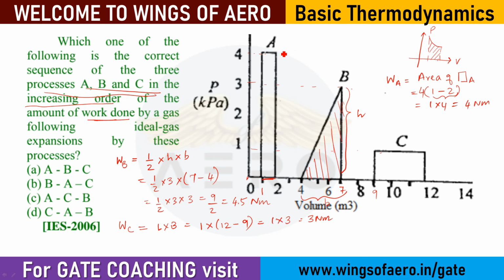So the area of A is 4 Newton meter, B is 4.5 Newton meter, C is 3 Newton meter.